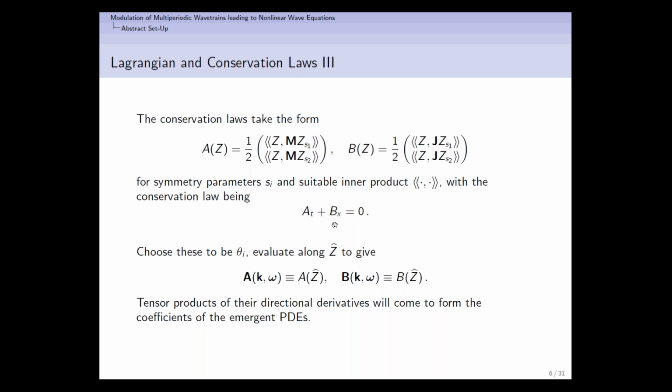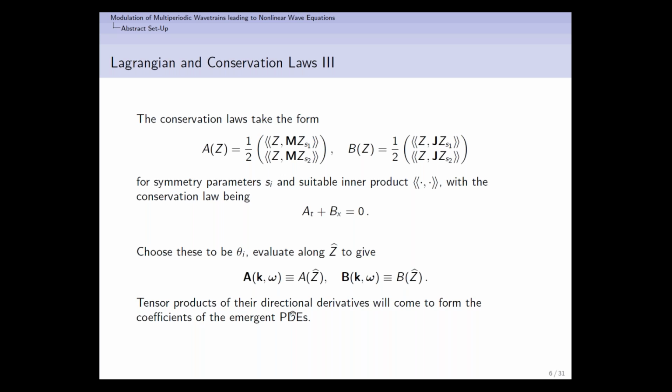Now, the objects we're interested in are these two components evaluated along our periodic traveling wave, or as we'll see later, a relative equilibrium. And this turns them from being functions of Z to functions of k and omega. Okay? So we're already encroaching back on the single phase territory. We have these functions of k and omega.